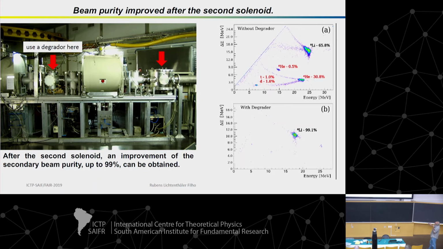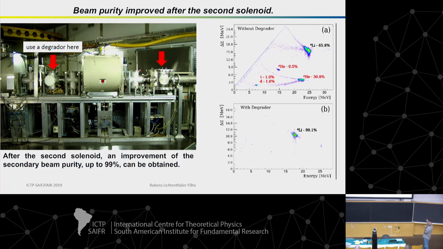Everything I have shown so far was in the scattering chamber in between the two solenoids. If you go to the scattering chamber after the second solenoid, you gain an additional purification of the secondary beam. This is what you see here.